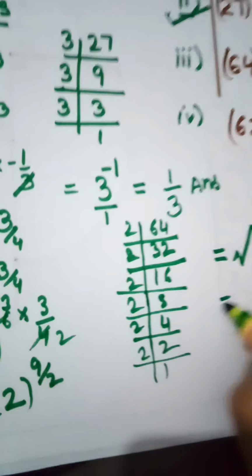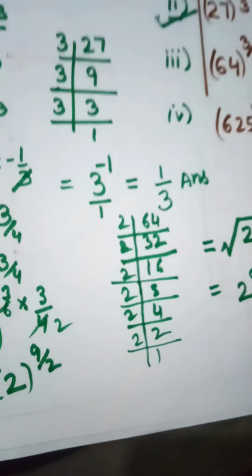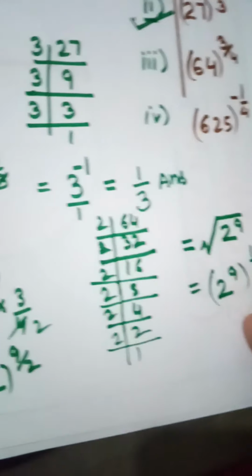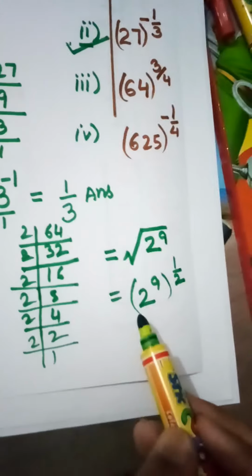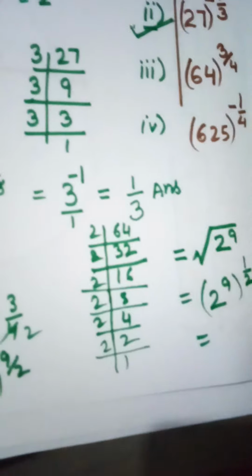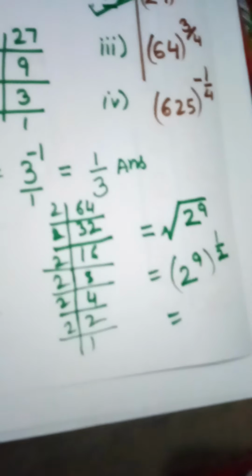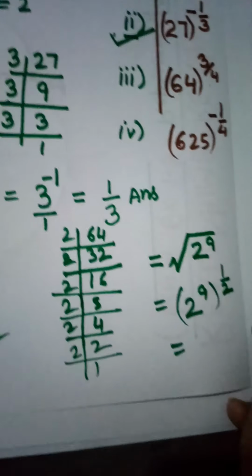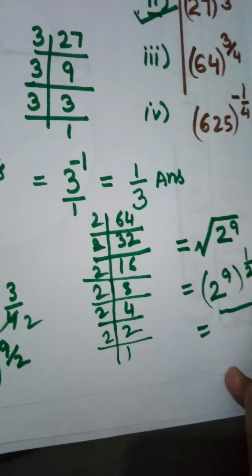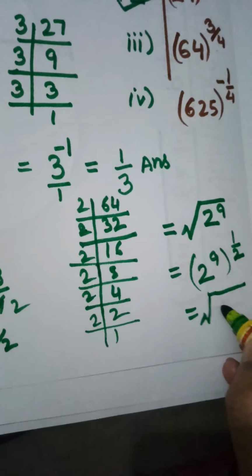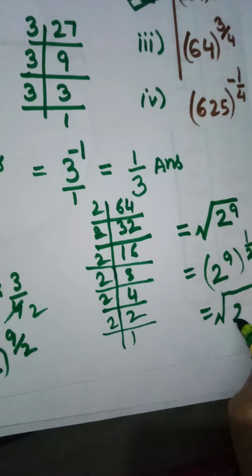One more time, you can see here 2 raised to power 9 and half outside. How do we write this? This can be written as, for half you are going to put under root, and 2 raised to power 9 you can write like this.